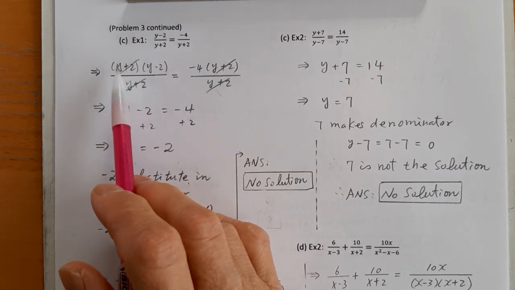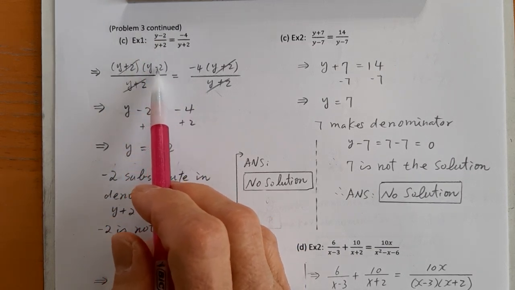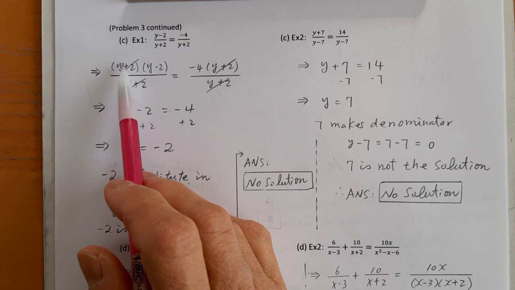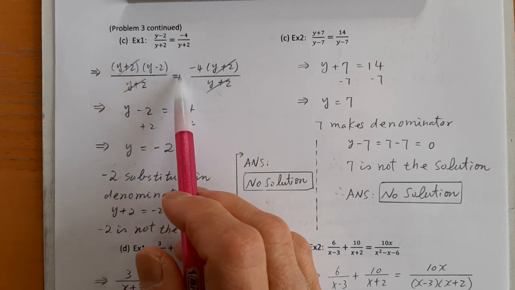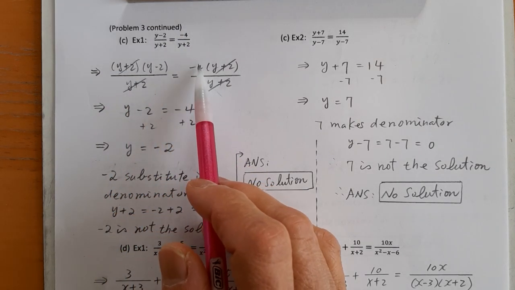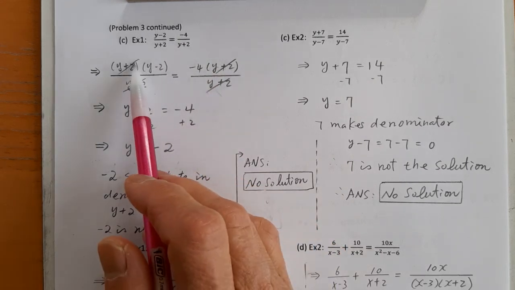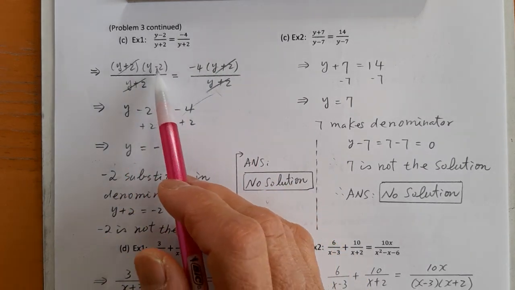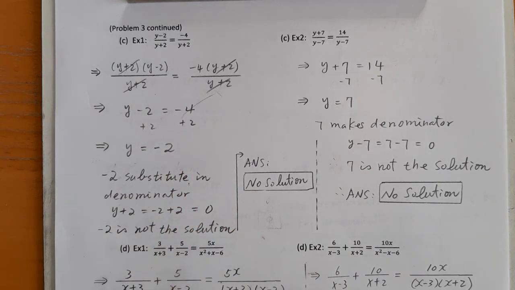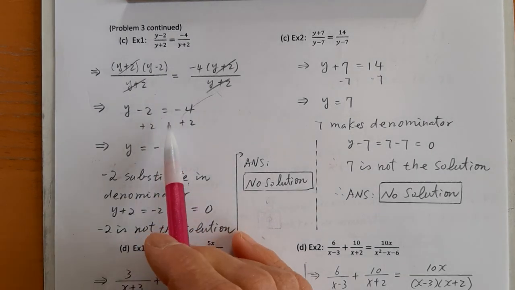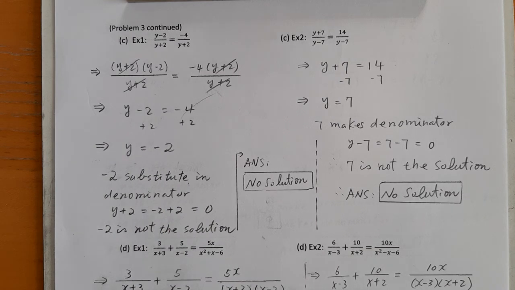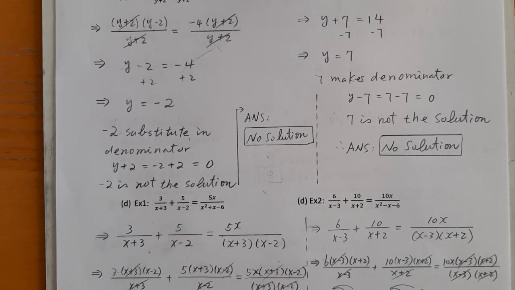On the left, y minus 2 over y plus 2 times y plus 2. On the right, negative 4 over y plus 2 also times y plus 2. So y plus 2 cancels, and you get y minus 2 equals negative 4. Add 2 to both sides, you get y equals negative 2. Check with the denominator, always.